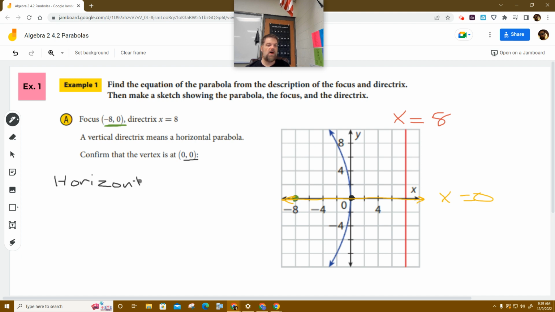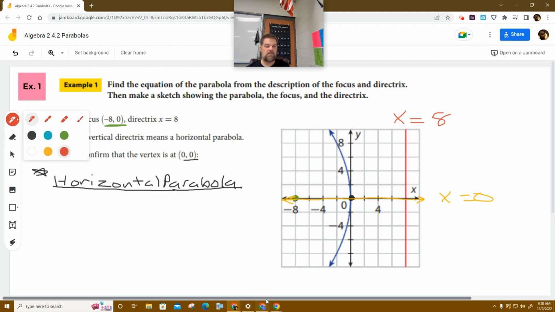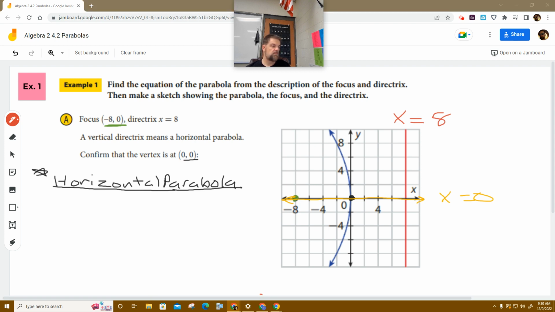And so what do we know about horizontal parabolas?